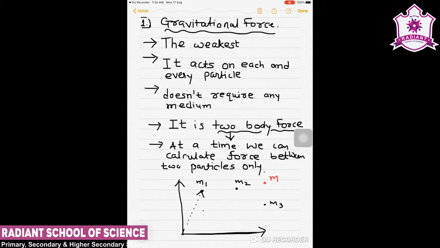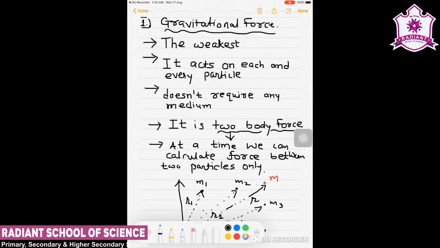that the distance of m1 from the coordinate system is say r1. In a similar way, the distance of m2 from the coordinate system is r2. Similarly, for m3 it is r3, and for m say it is r. Now we also have some distance between the particles.